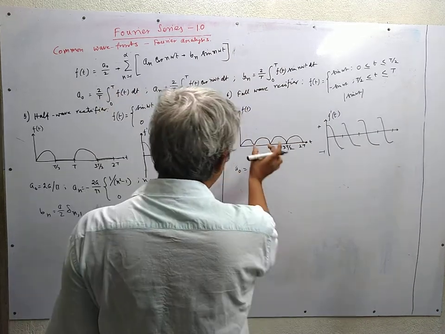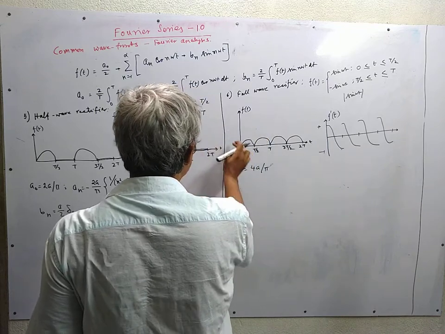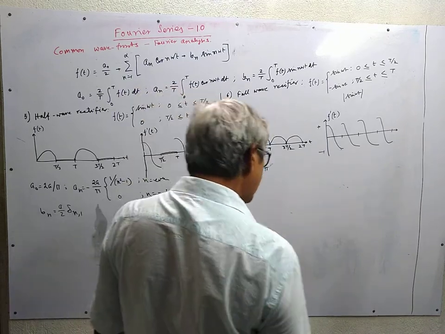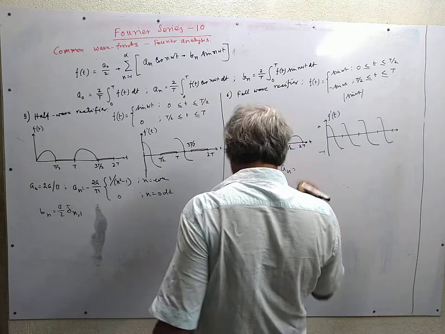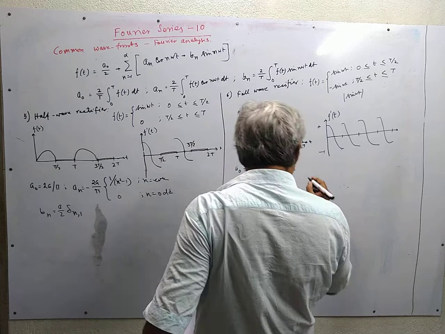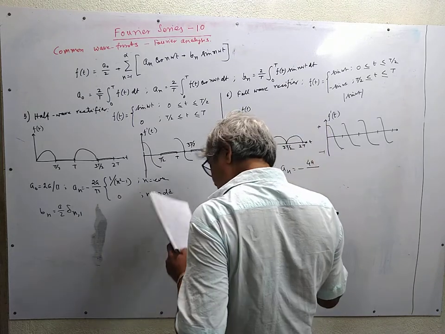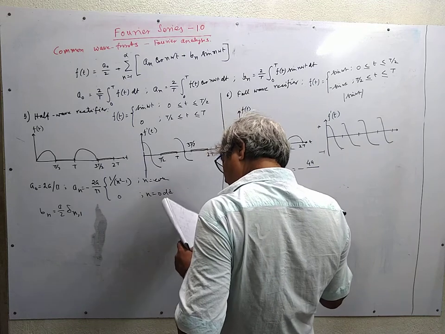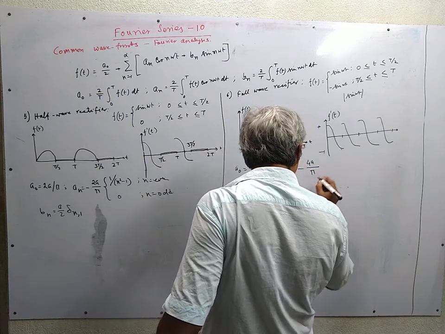And we see that the function is an even function. If we extend this, we will have an even function. So Bn will be 0 and An will be minus 4A by pi times 1 upon n square minus 1.